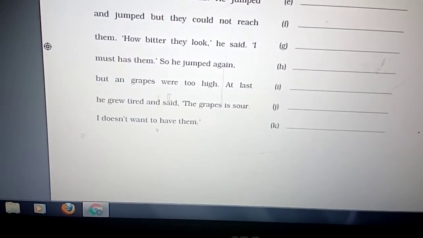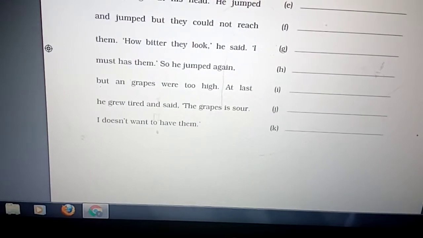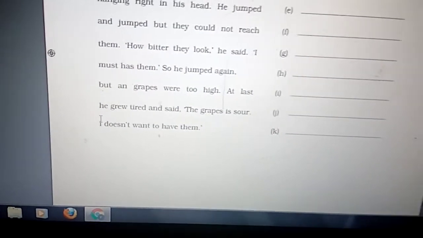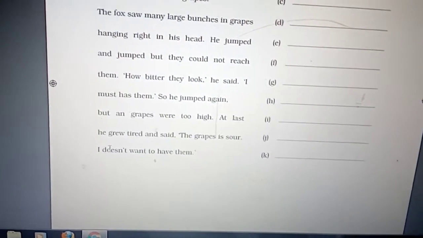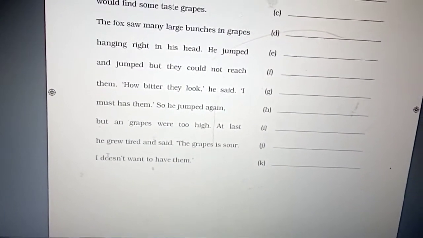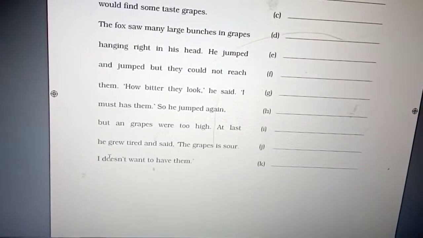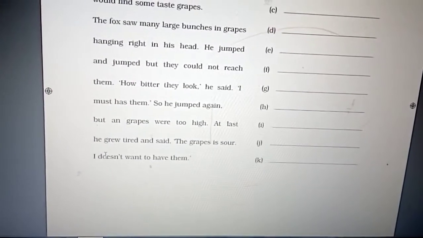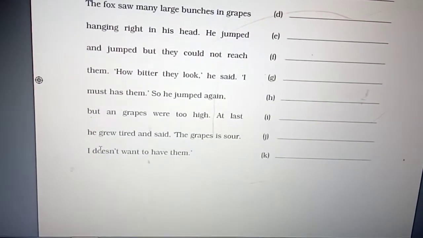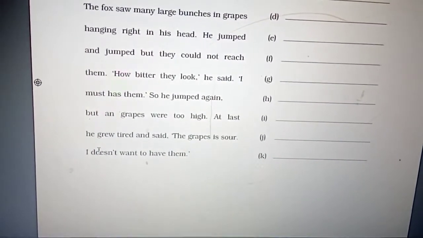I doesn't want to have them. See here once again, I is the first person, and the first person always follows a plural verb. So I don't want to have them.